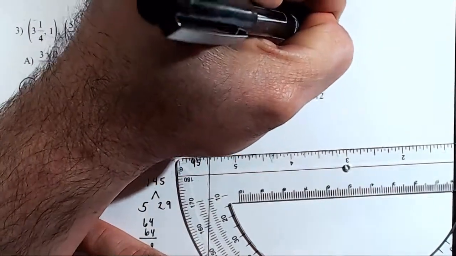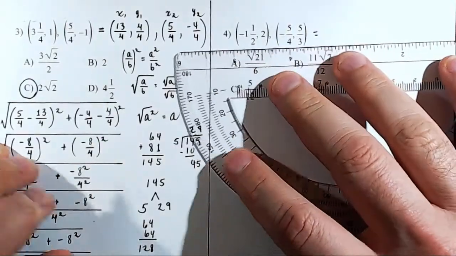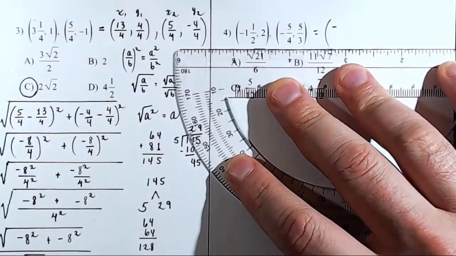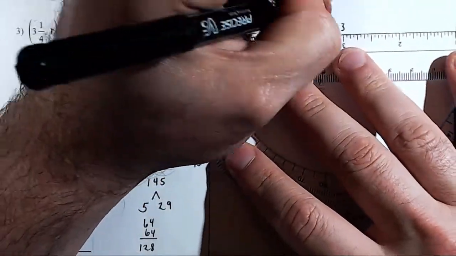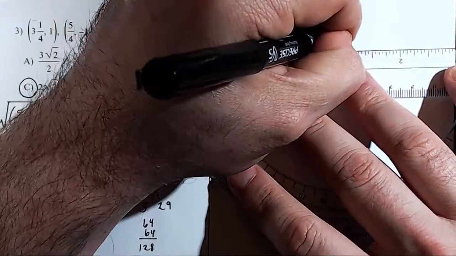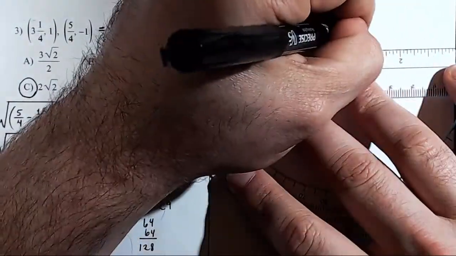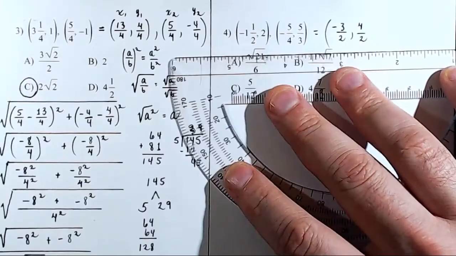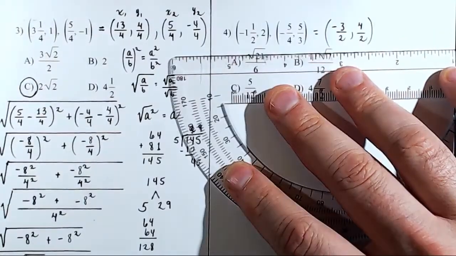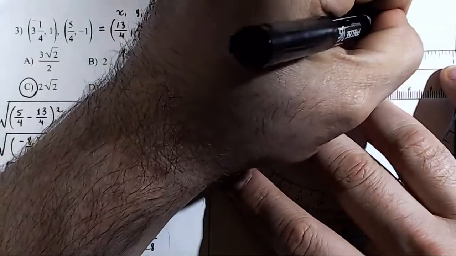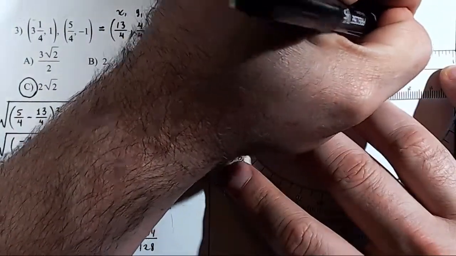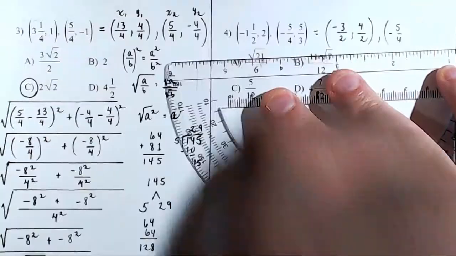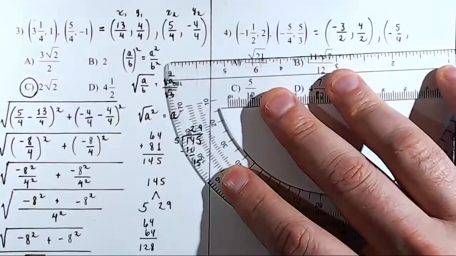So we're going to rewrite this as (-3/2, 4/2), close parentheses, and (-5/4, 5/3), close parentheses.